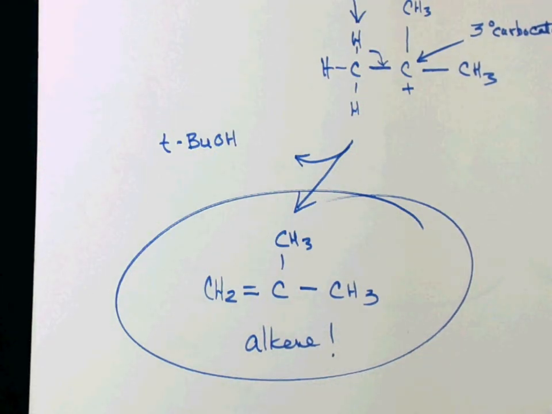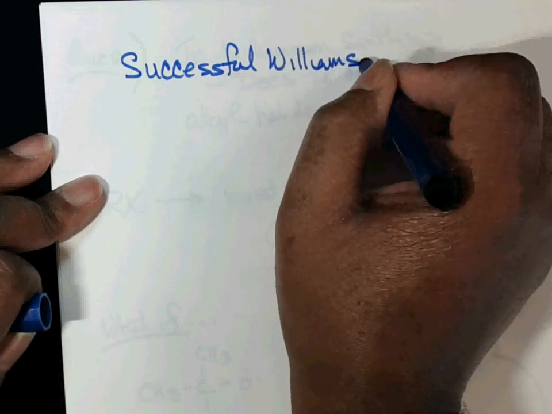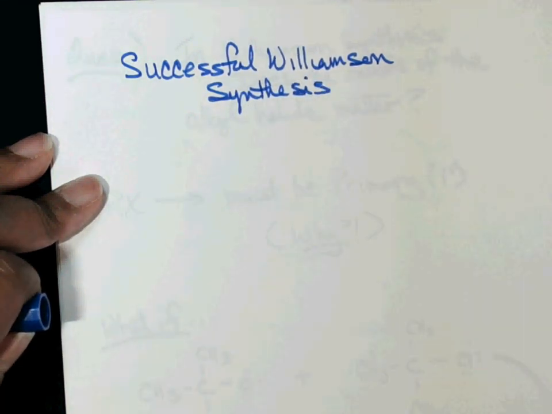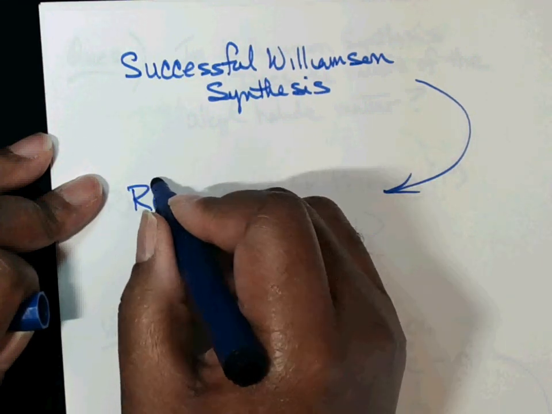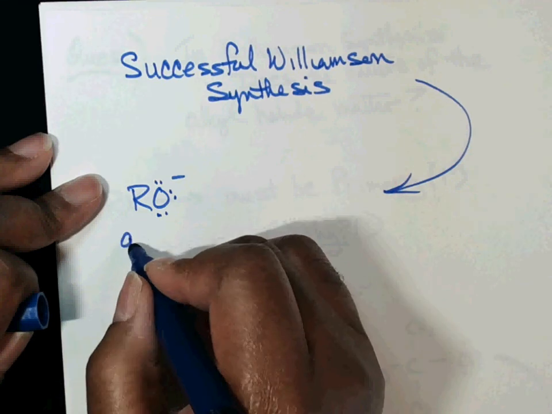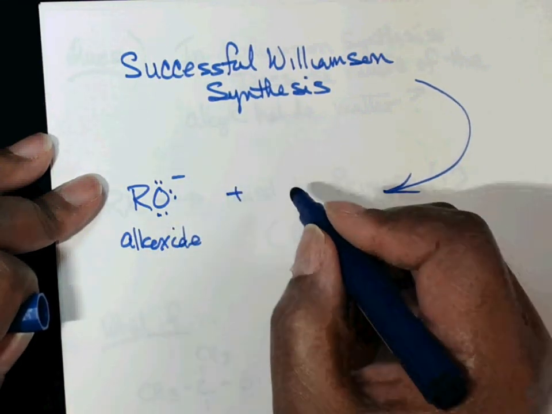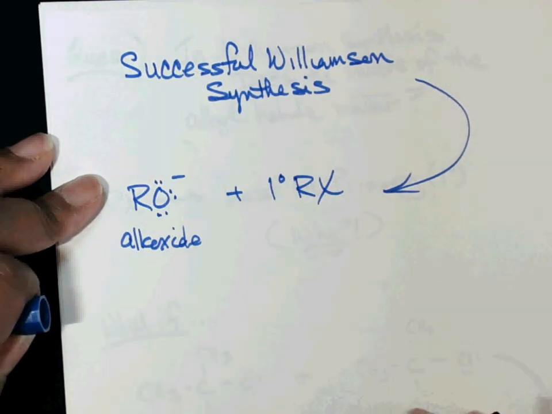Okay? So, the take-home message with regard to Williamson synthesis is that successful Williamson synthesis requires an alkoxide plus a primary alkyl halide.